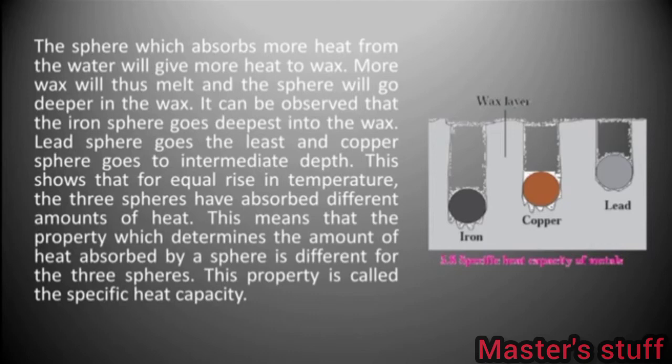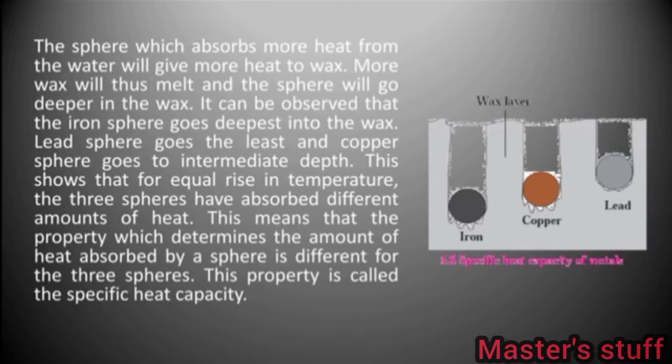This shows that for an equal rise in temperature, these 3 spheres have absorbed different amounts of heat. This means that the property which determines the amount of heat absorbed by the sphere is different for the 3 spheres.